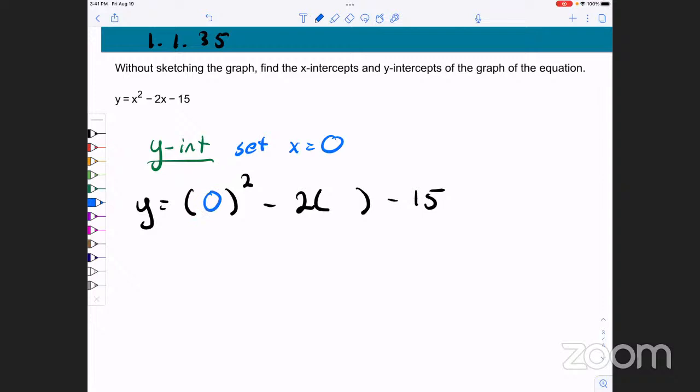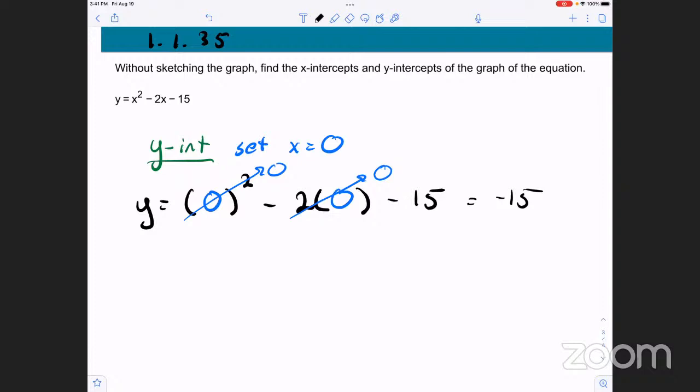So a 0 goes there and a 0 goes there. Now we just solve, and you'll see quickly this term goes to 0, this term goes to 0, and all we're left with is negative 15.